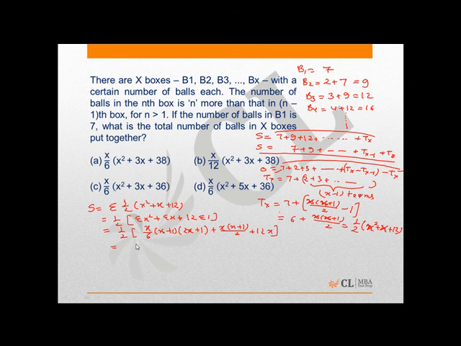When you solve this, you will get this as x upon 6 into x square plus 3x plus 38. So my answer is option A.